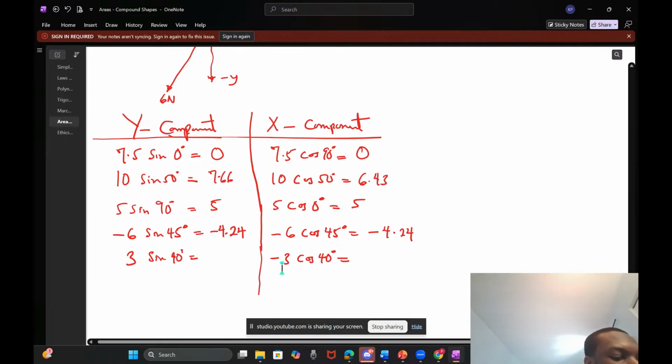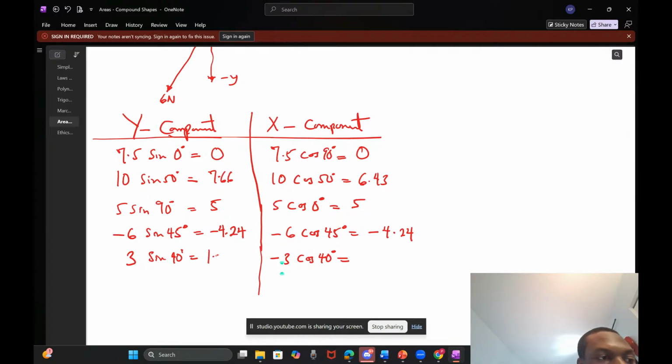Three sine 40 is 1.928, 1.93. Negative 3 cos 40 is negative 2.30.